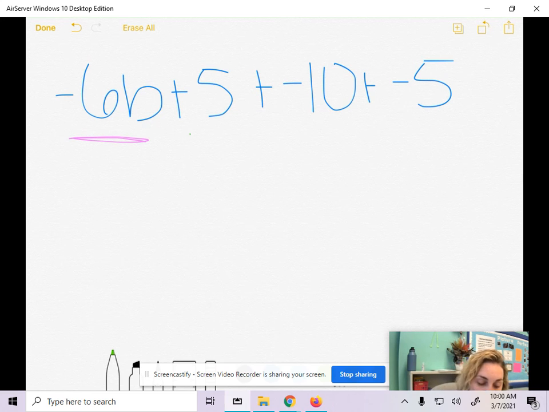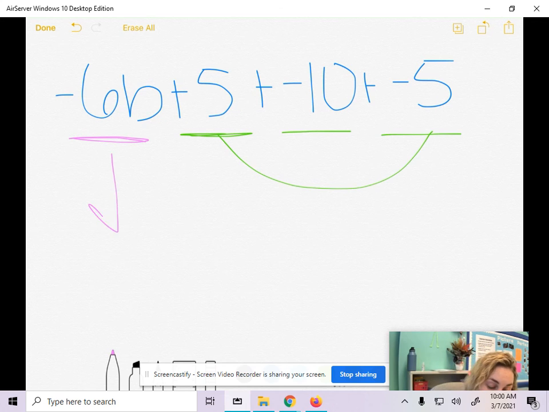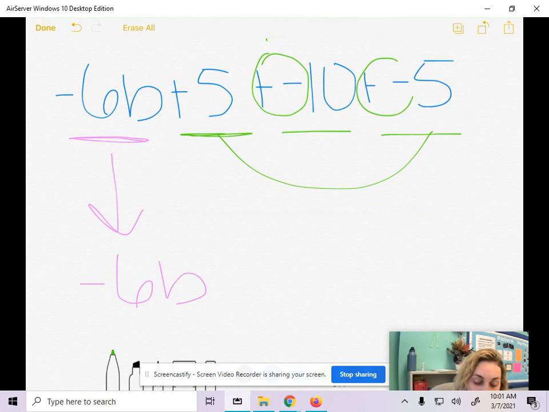The other term we have is 5. 5 doesn't have anything with it. 5 can go along with negative 10 as well as negative 5, so these will have to combine. But negative 6b doesn't have anything to combine with, so we'll just go ahead and bring that down, and then we can simplify the rest of it. 5 plus a negative is just subtraction, and the same thing here.